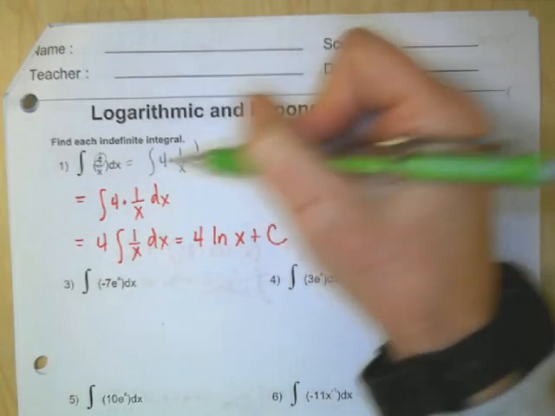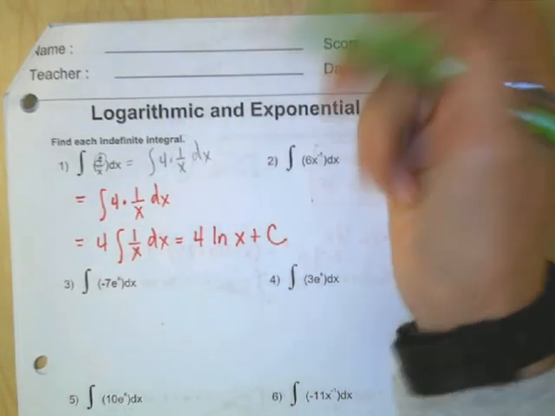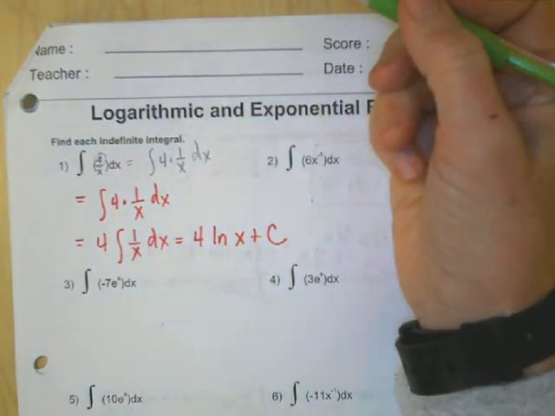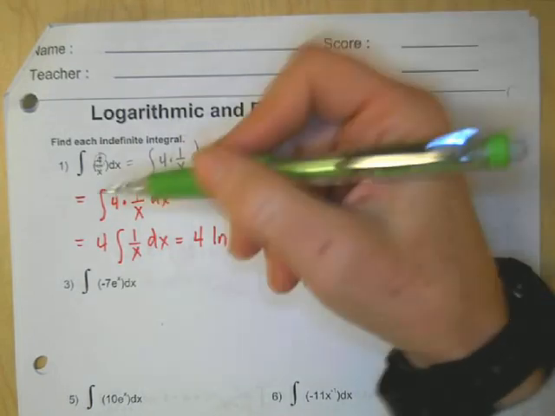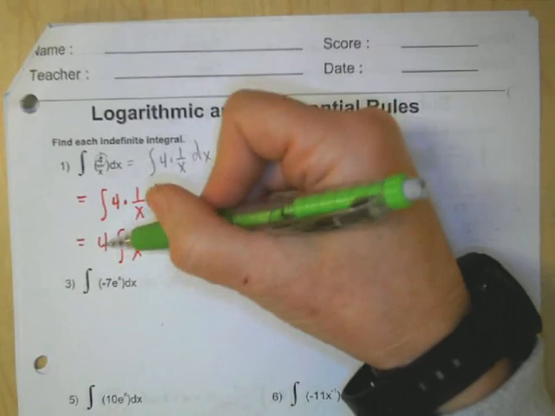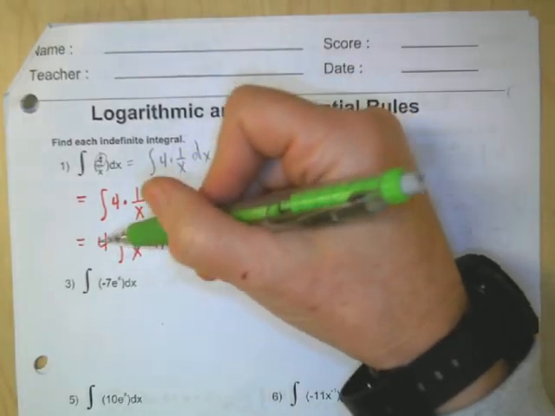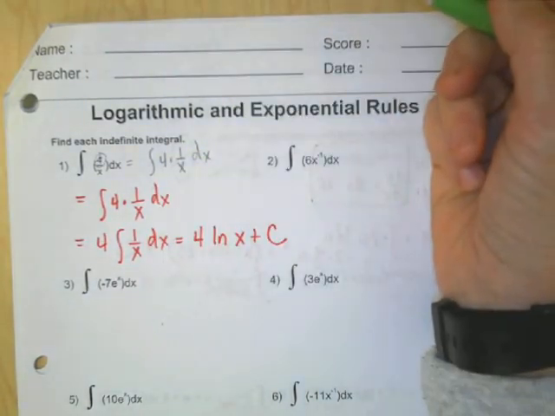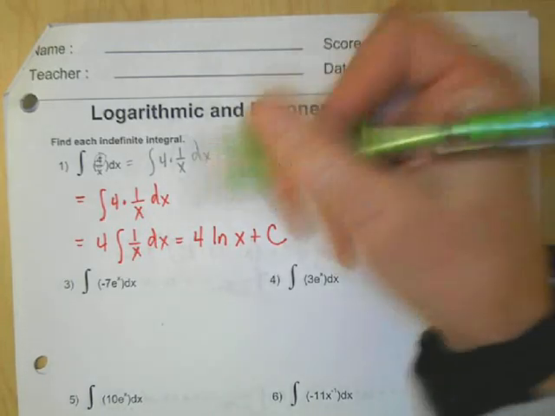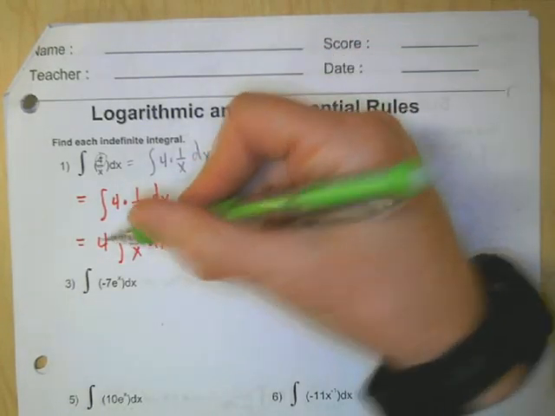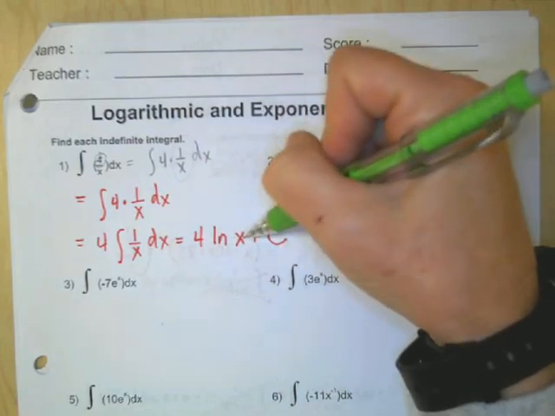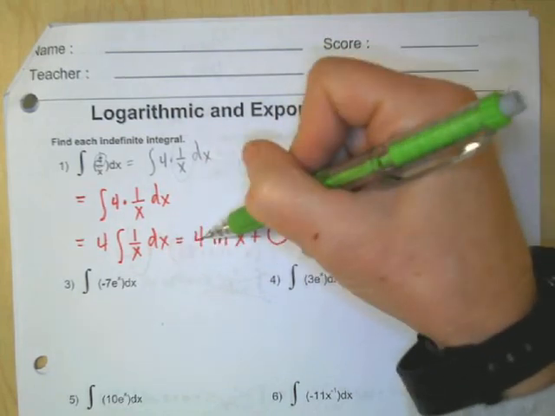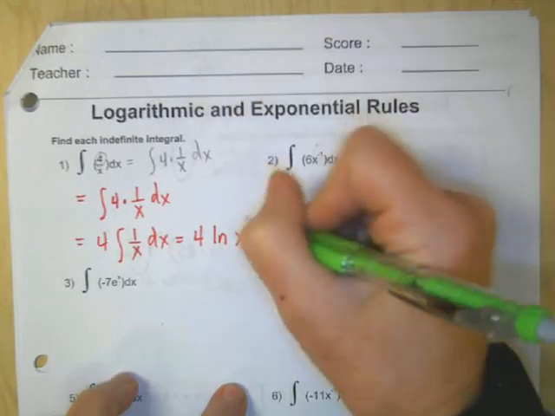So then we need to recognize that when we have 1 over x, the antiderivative of that is just natural log of x. So I kept my 4, and I like to just separate out my constant to the other side of the integral sign so that I don't worry about taking its antiderivative. So the 1 over x, its antiderivative is natural log of x, and then I keep my 4. And I write plus c.